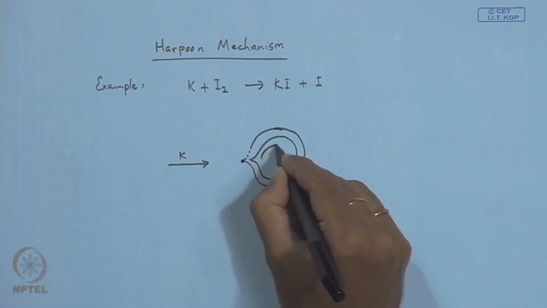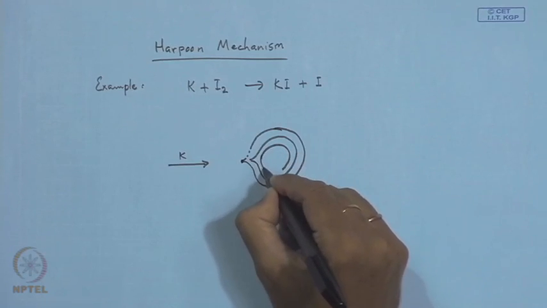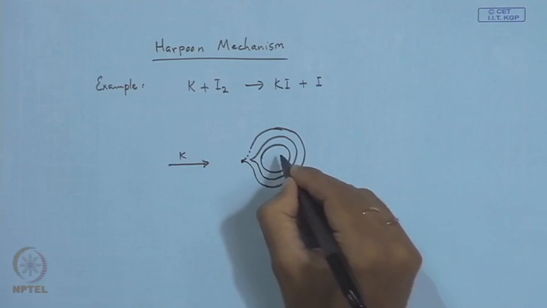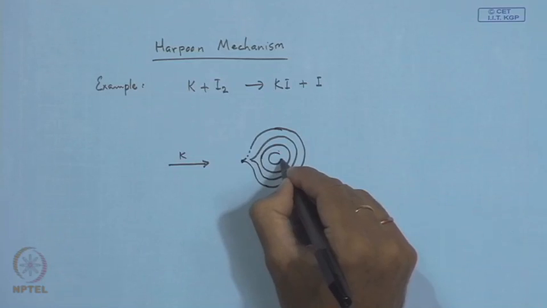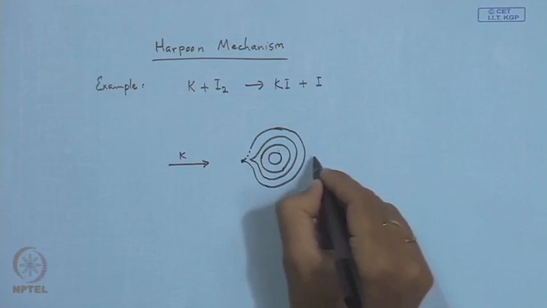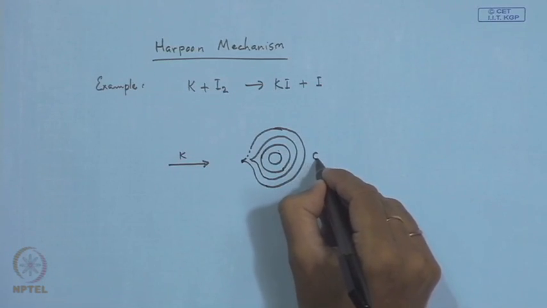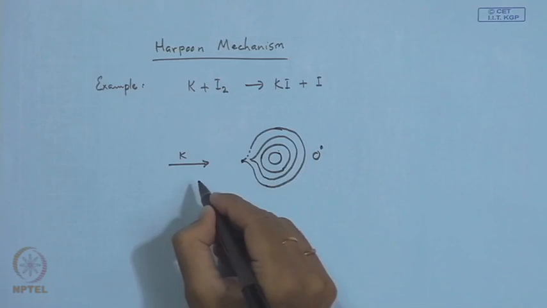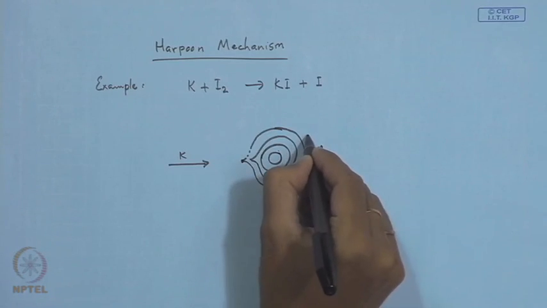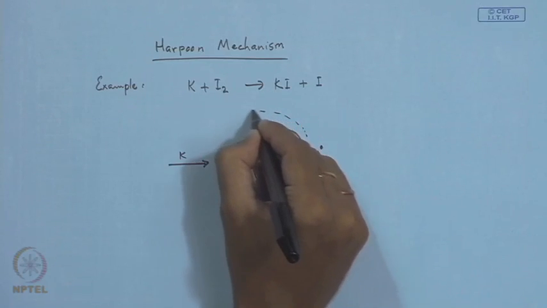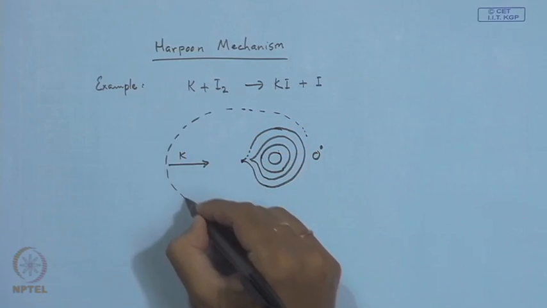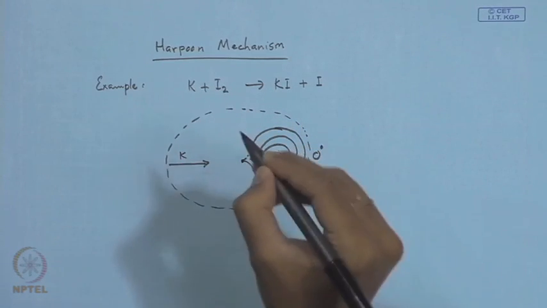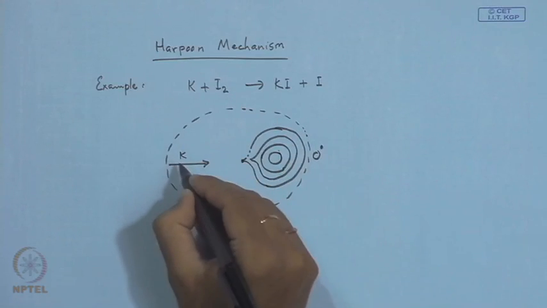This side is 0 degree, this side is 180 degree, and you have a circle, although it is not a circle, you have to draw a circle.